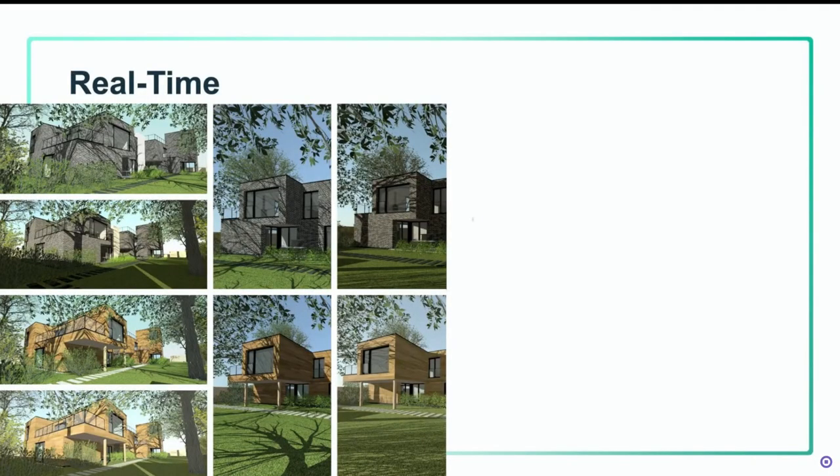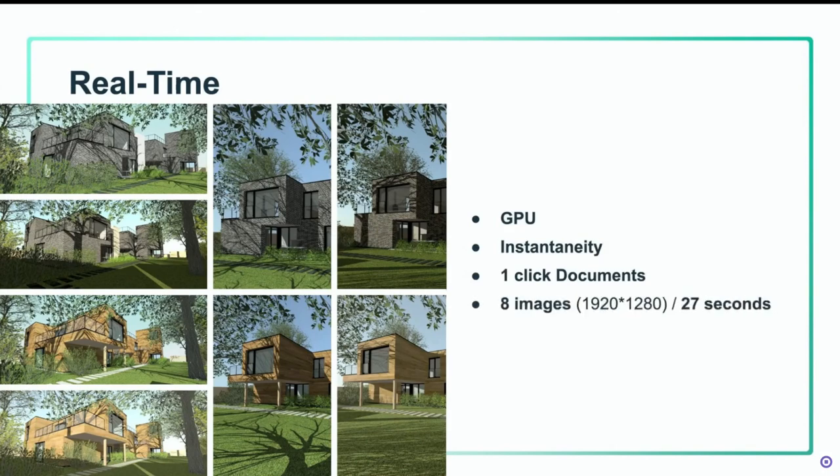These images are created directly from the GPU of your computer. Images are instantly created. You just need one click to create the document. And these 8 images, which are full HD images, have been created in 27 seconds. It will change the way you create images.